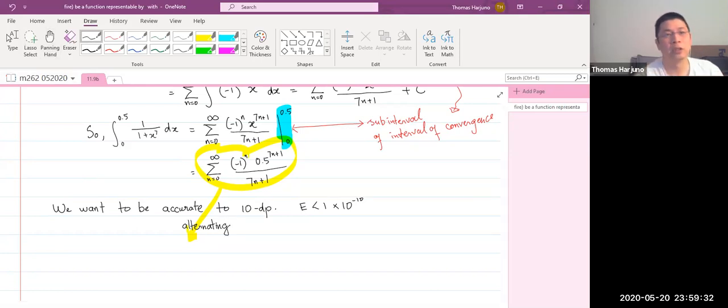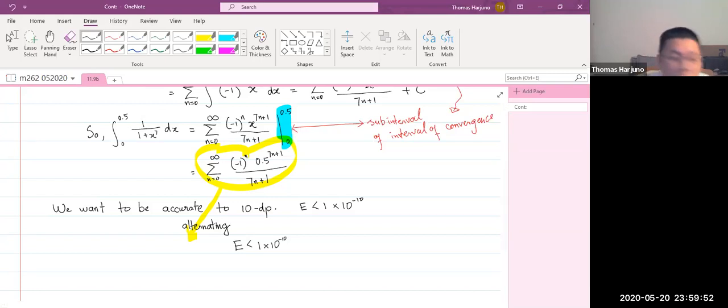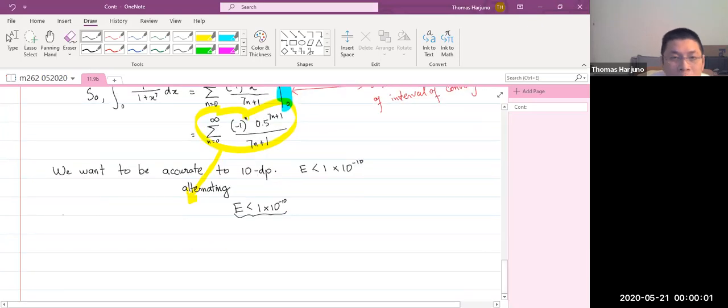So the error of this series will be less than the nth term. Will be less than the nth term. Now we want this to be true. Okay. Now let's find what term.